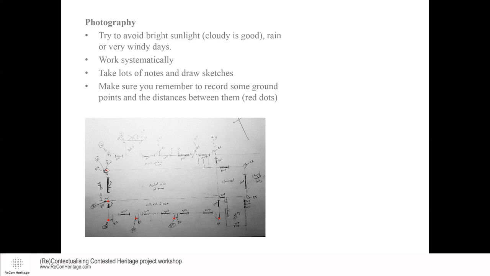And my ground points are on each of the buttresses, on the corners, easy to identify, and they're the red dots. And in my notebook, I've got the tape measure distances between these points, so that I can use them as ground anchor points and scale my 3D model to these.